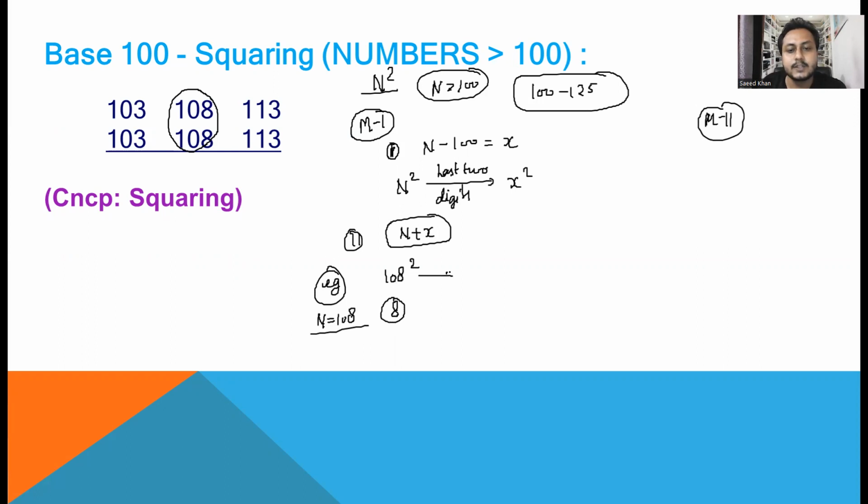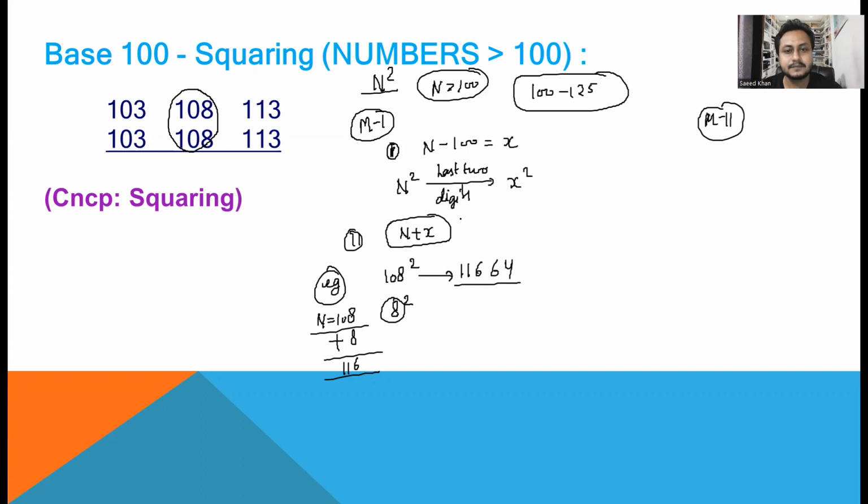So the last two digits of 108 square should be the same as 8 square, which means 64. And to get the remaining digits, what we'll do? To find the remaining digits, just add 8 to it. There we subtracted. 108 plus 8 means 116. The remaining digits should be 116. So 108 square is 11664, right? That is 108 square, guys. Got it, all of you?